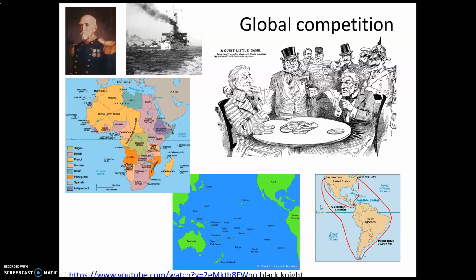If the West Coast or the East Coast was threatened, we don't have time to go all the way around South America. We need to be able to do this quickly. And so global competition: we want to protect all of our interests, we want to gain more interests, etc.